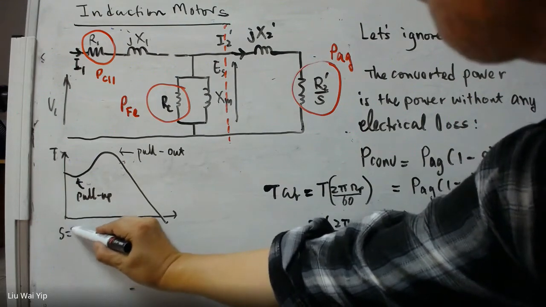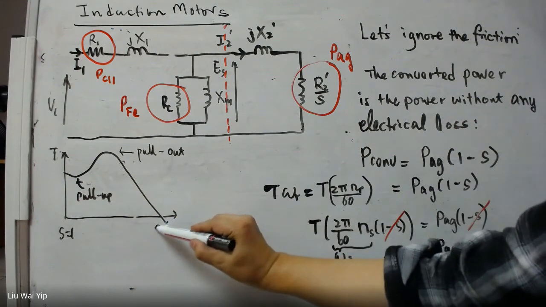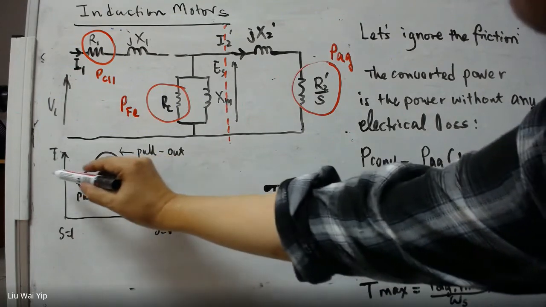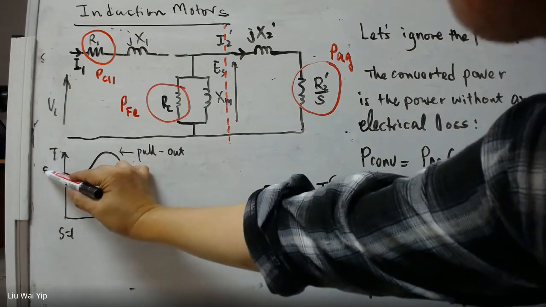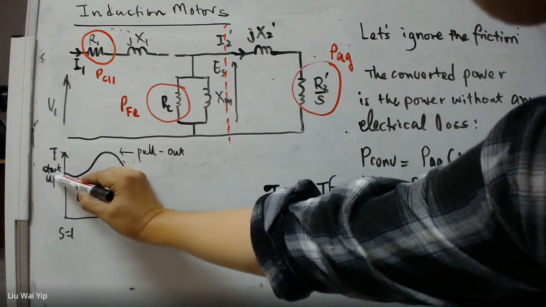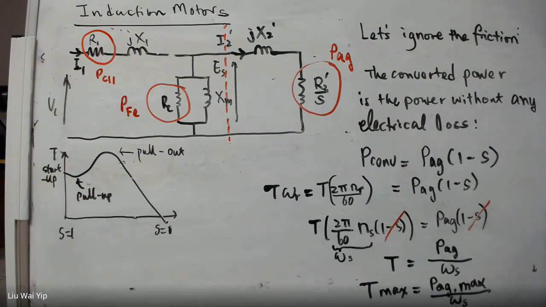Sorry, the slip is 1. And in here the slip is 0. And we also have a startup torque here. So this is the torque-slip characteristic.